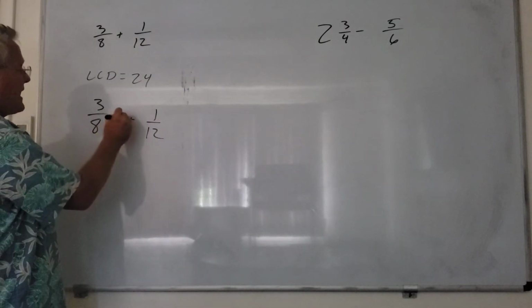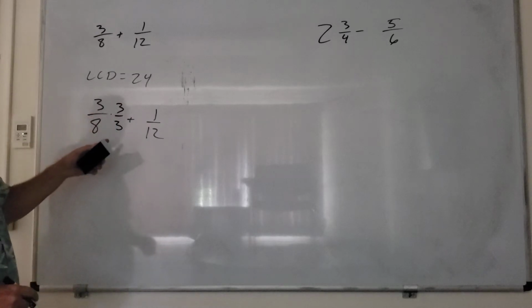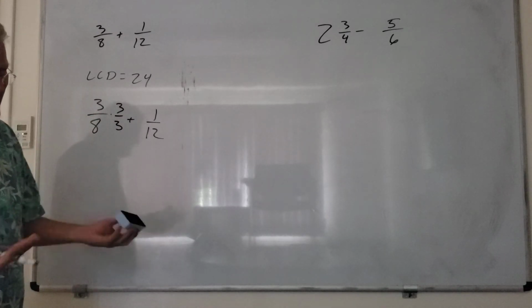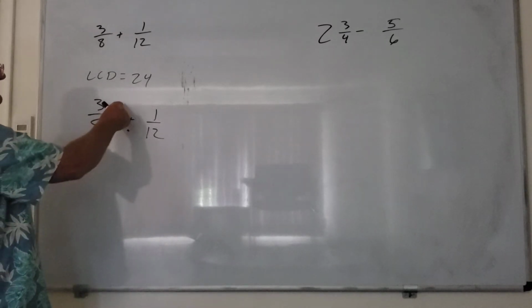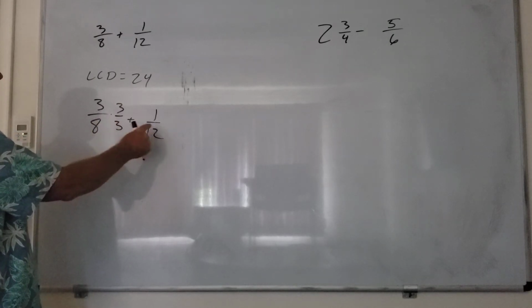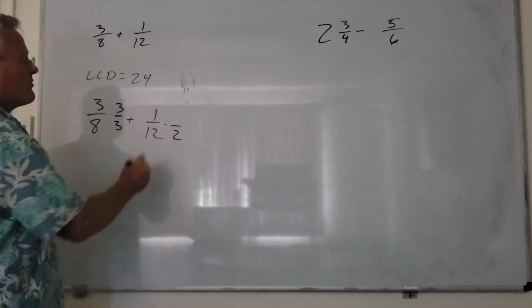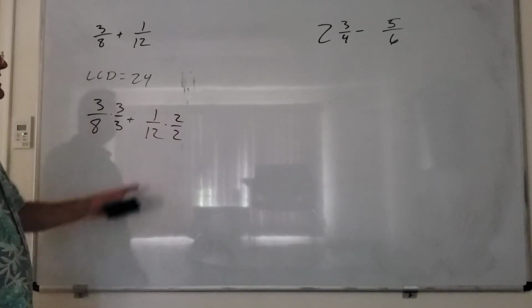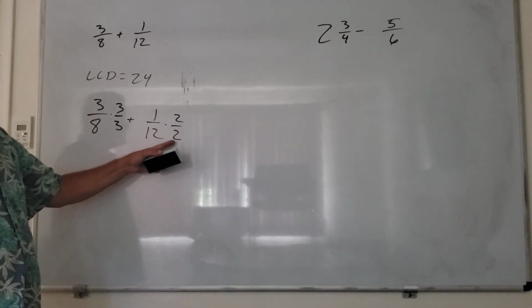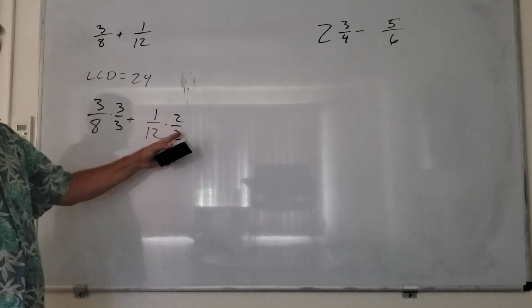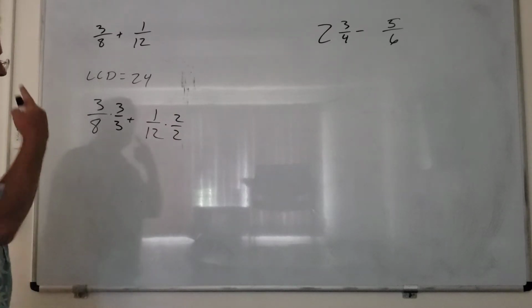But again, I got to multiply this fraction by 1, so the value doesn't change, so we got to multiply by 3/3. 12 times 2 gives us 24, but again, we need to multiply the numerator and denominator by 2 because that's equivalent to multiplying by 1 and it doesn't change the value.